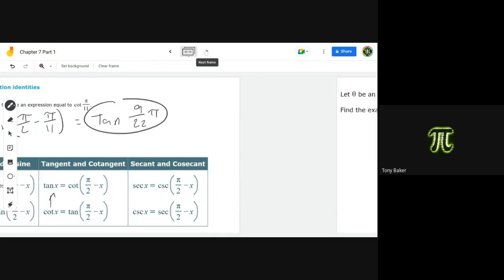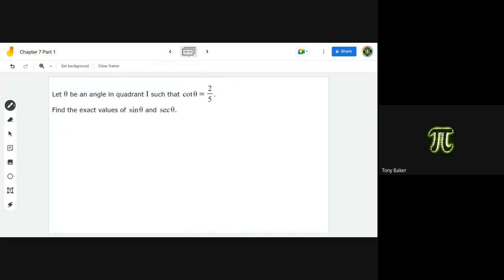Okay. The other topic that comes up is they give you an angle and they give you information about it, and they want you to find some of the other trig functions. This is right angle trig. They're going to give you 2 pieces of the triangle.